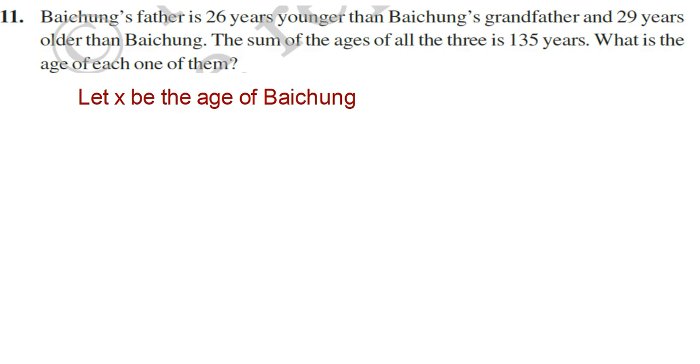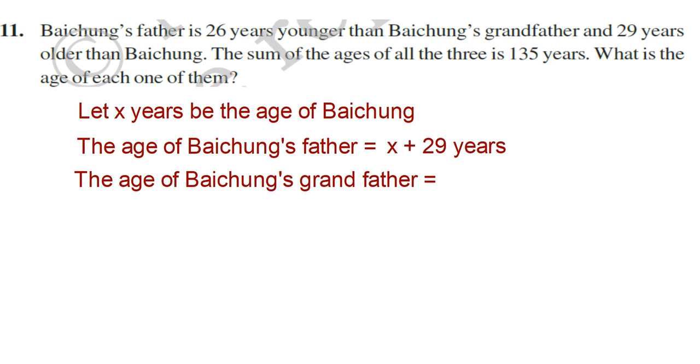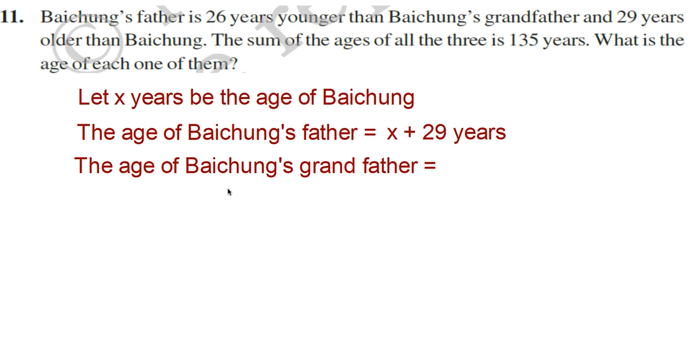Let x be the age of Baichung. Then the age of Baichung's father, it is 29 years older than Baichung. That is x plus 29. Let the ages be x years and x plus 29 years. Then what about Baichung's grandfather's age? Baichung's father is 26 years younger than Baichung's grandfather.